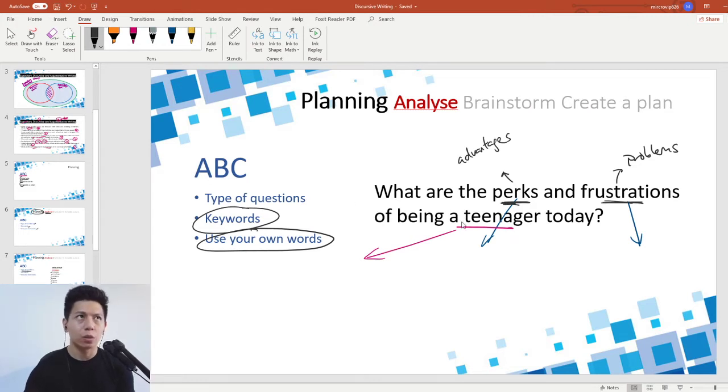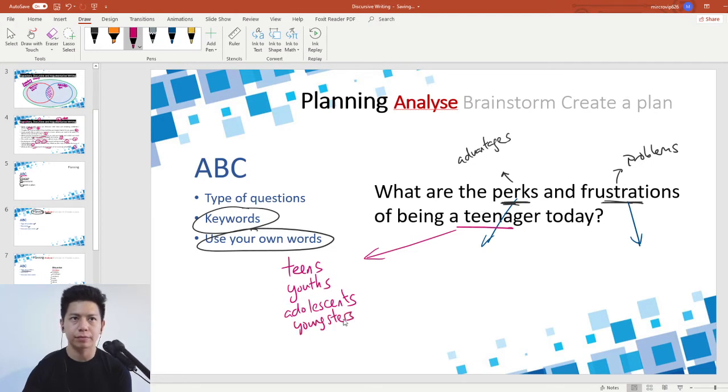So the word teenager, what are some other words you can replace it with? And the word perks, the word frustrations, I'm going to give you 1 minute to think of synonyms for these words. For the word teenager, you also have the more informal way of expressing it, teens. We have the word youth, adolescents, and youngsters. Of course, there are more. You can go and check it up.